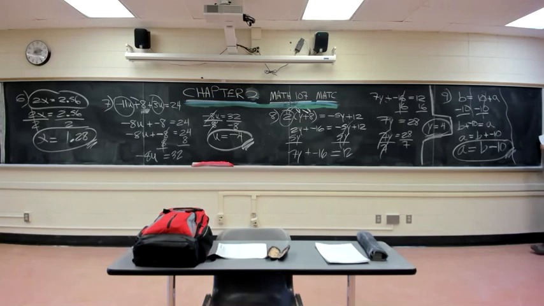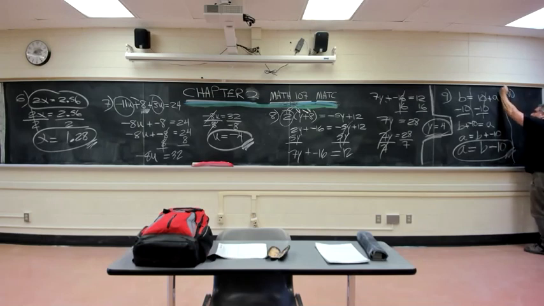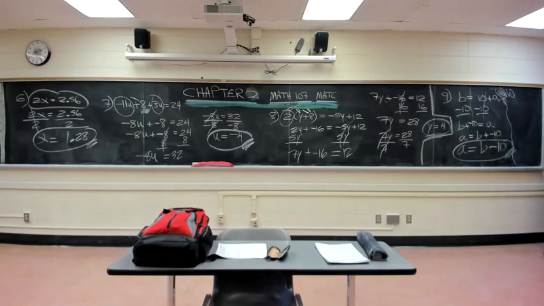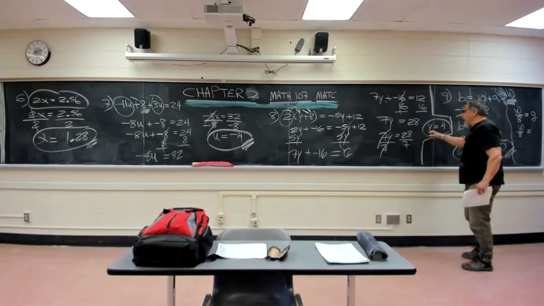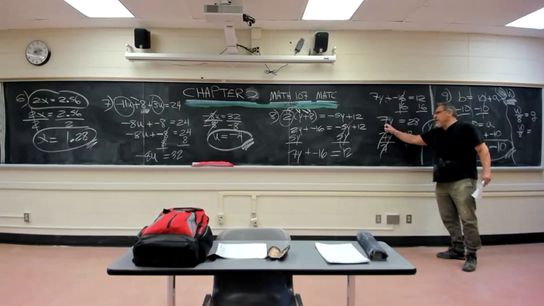For number 10, they say solve for W. It's the same kind of thing going on, guys. They want you to solve for W, and they got W over 8 equals G. Well, to undo multiplication to get y by itself, you undo multiplication by doing division.